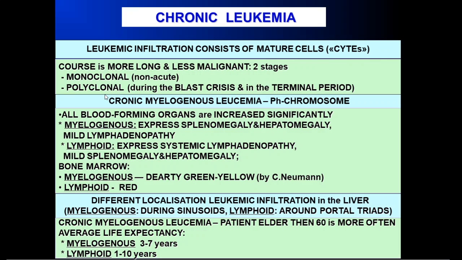So, chronic myelogenous leukemia and the so-called Philadelphia chromosome. We saw it at the beginning of the lecture, and right now we discuss some features of this leukemia that you can really apply in your MCQ test. All blood-forming organs are increased significantly.